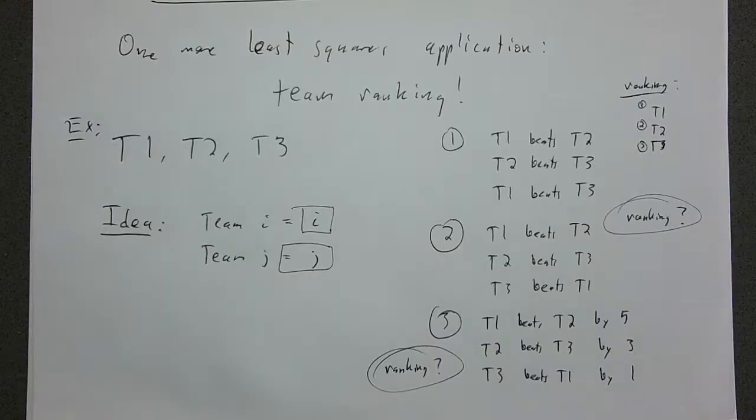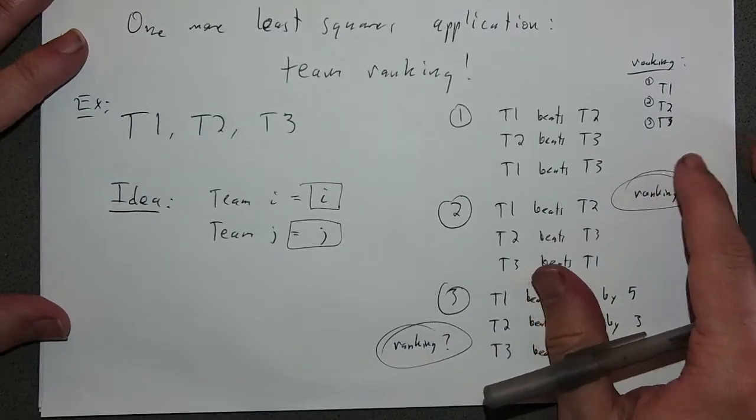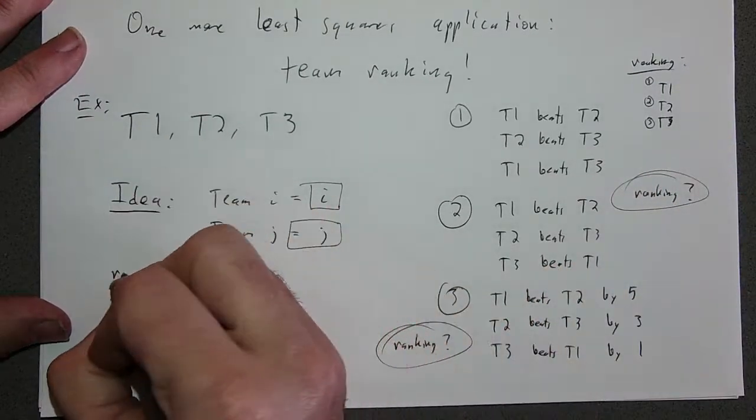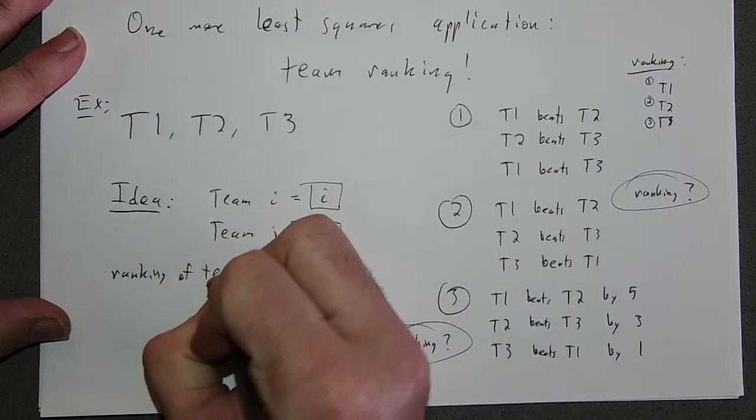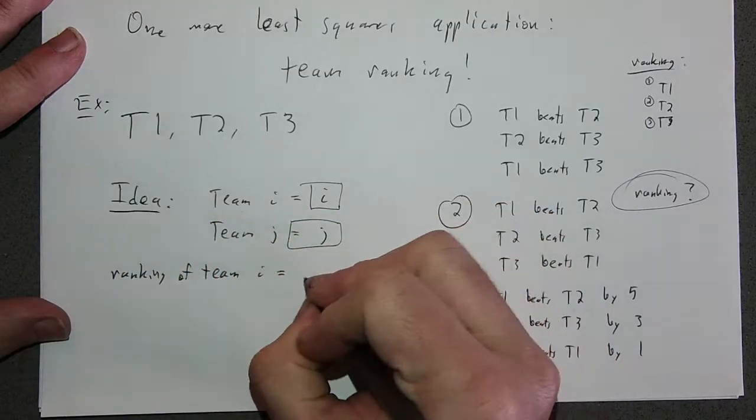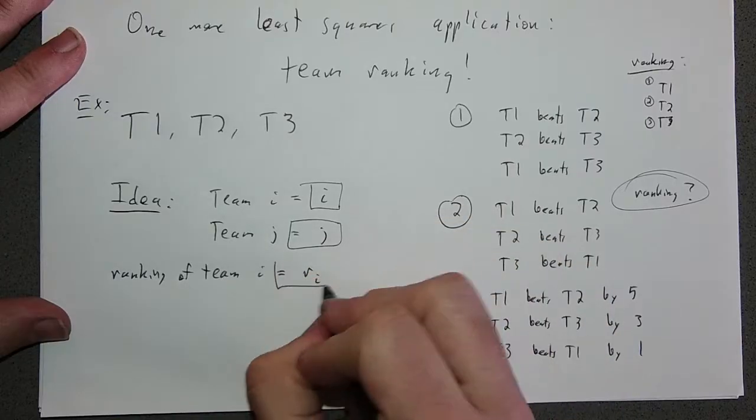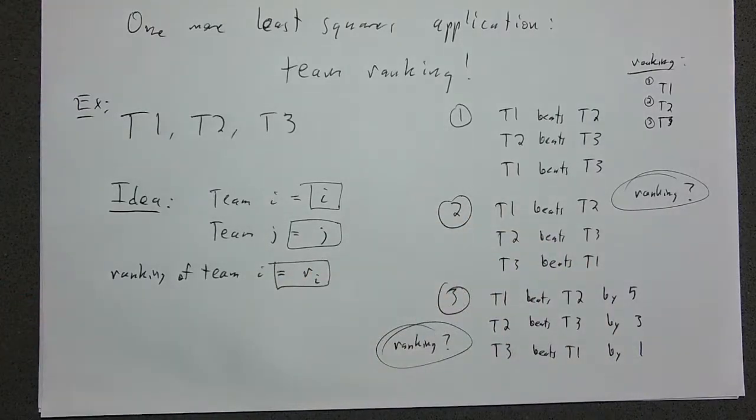And so let's say that the ranking of team I, call that R sub I, so that the ranking of team J would be R sub J. Okay.